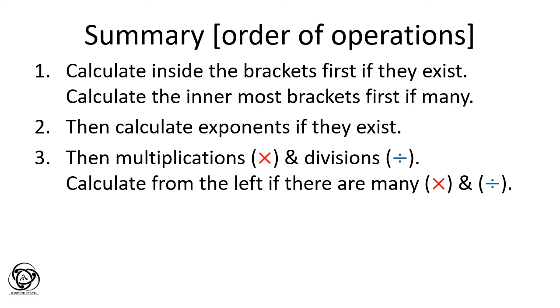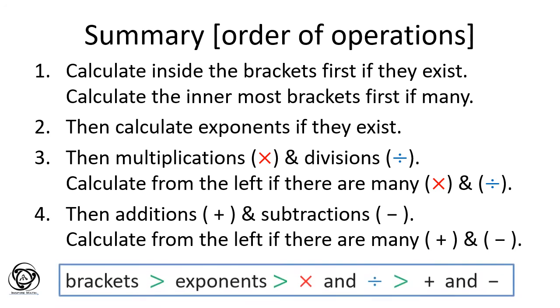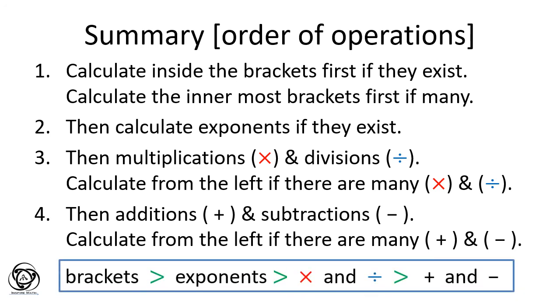And finally, additions and subtractions. If there are many additions and subtractions, calculate from the left to the right. As a result, brackets first, then exponents, then multiplications and divisions, and finally, additions and subtractions.